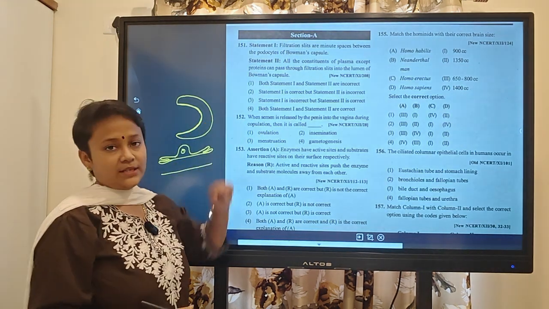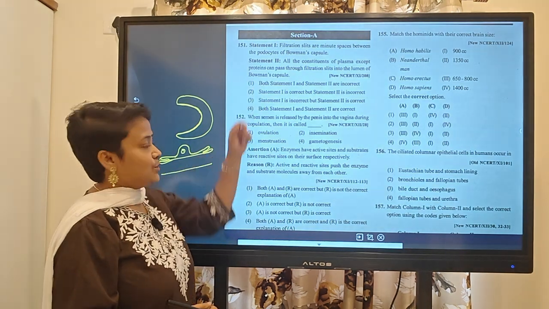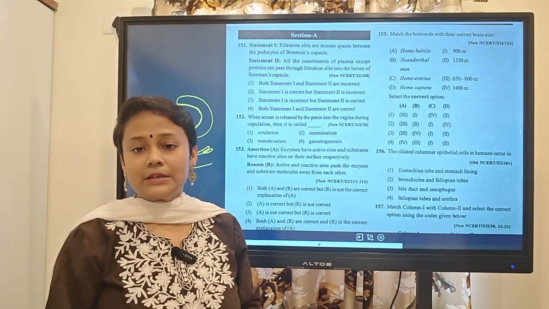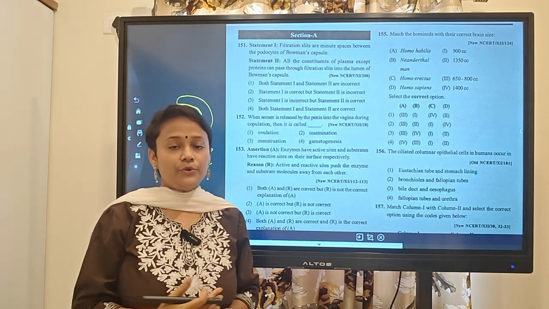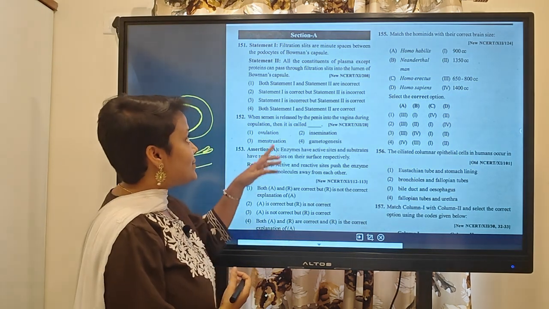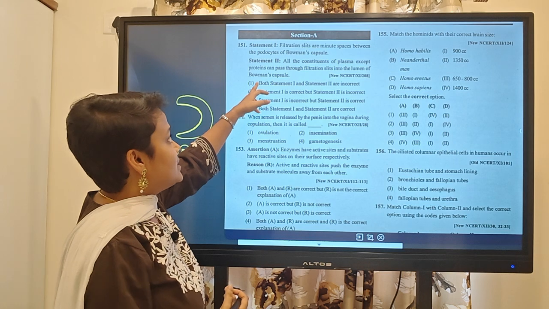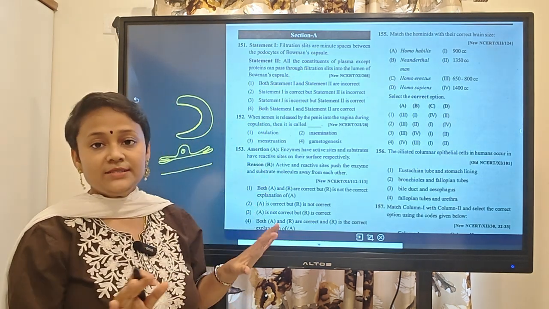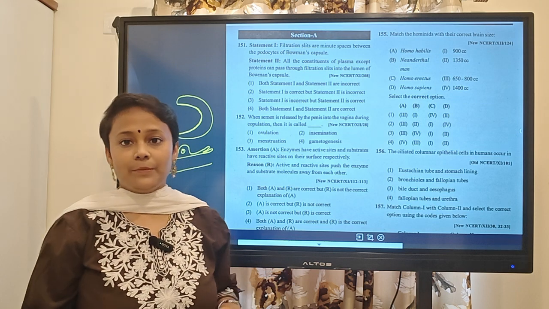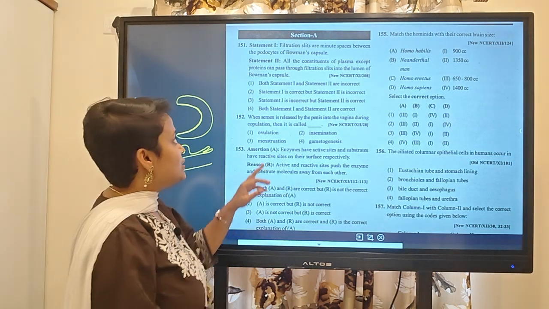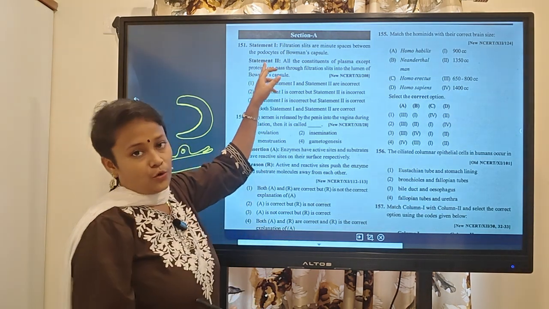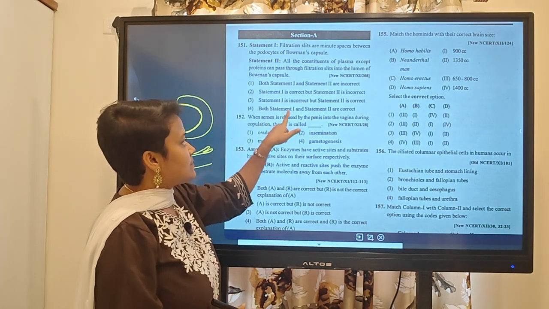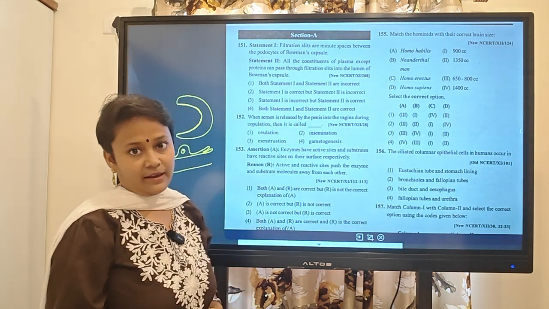So statement 1 is correct. Next, statement 2. We know that when there is filtration, all the components will be filtered except the proteins of plasma, right? So proteins will not pass through the filtration membrane. So this statement also is correct. So the answer will be both statement 1 and statement 2 are correct, right?